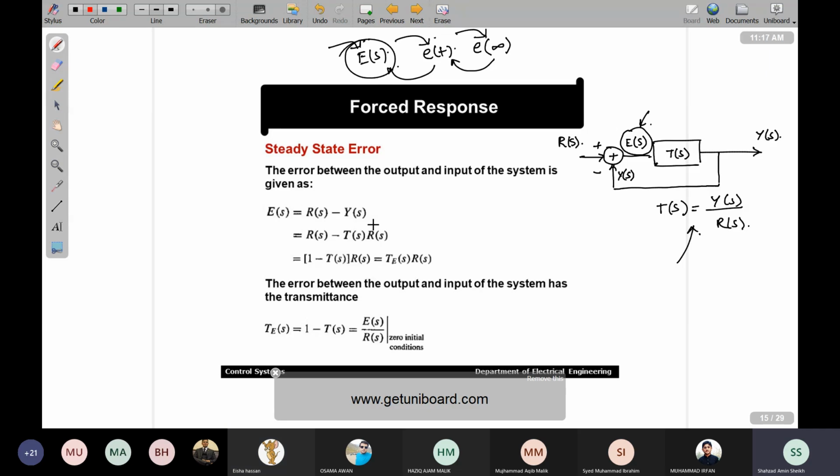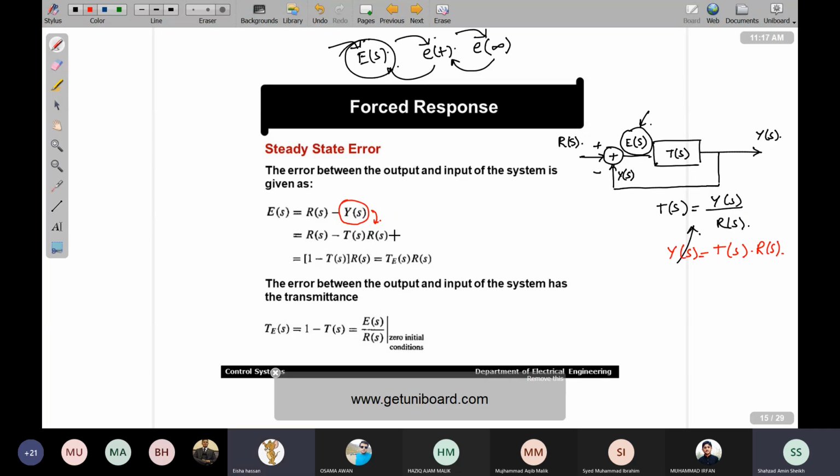Yes, sir. Okay, so what is Y(s) beta? Y(s) can be obtained from here. Y(s) is nothing but T(s)R(s). So just replace that Y(s) value there, T(s)R(s). Agreed?